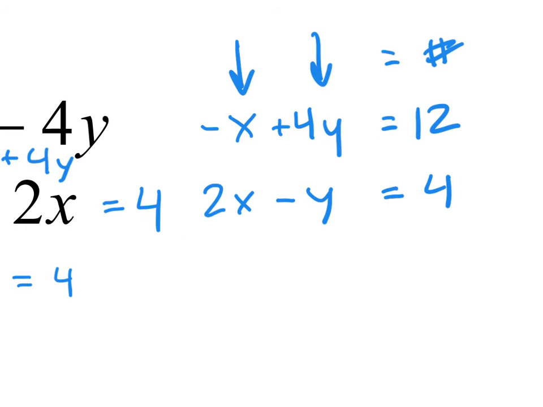So we're either going to try to cancel out our x's or try to cancel out our y's. Which one are you trying to do? So you multiply by 4. All right, so we can multiply our second equation by 4 to get our y's to cancel out.